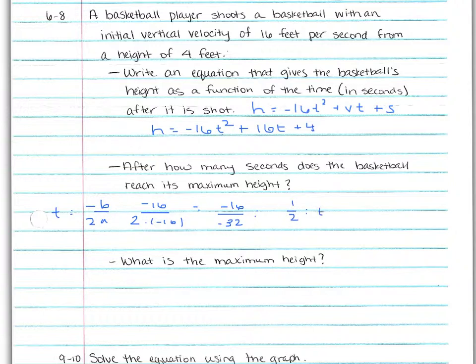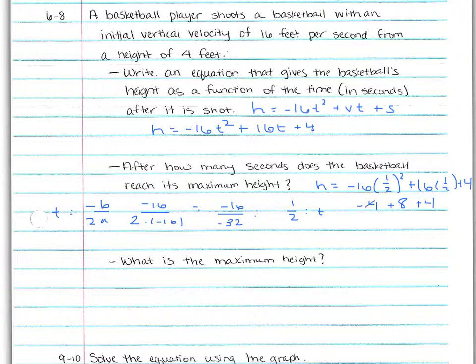So our t is 1/2 in this case, and then we substitute that back in to the equation. So it's h equals negative 16 times 1/2 squared plus 16 times 1/2 plus 4. So 1/2 squared is 1/4, and negative 16 times 1/4 is negative 4. 16 times 1/2 is 8, plus 4.